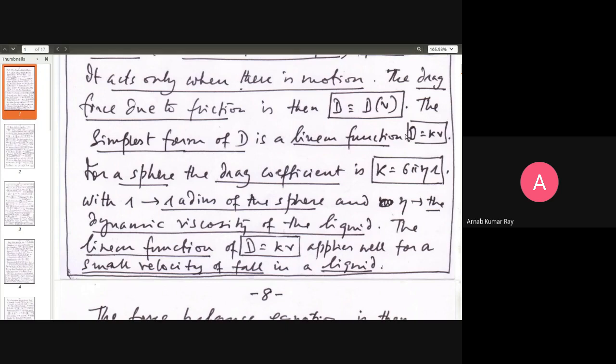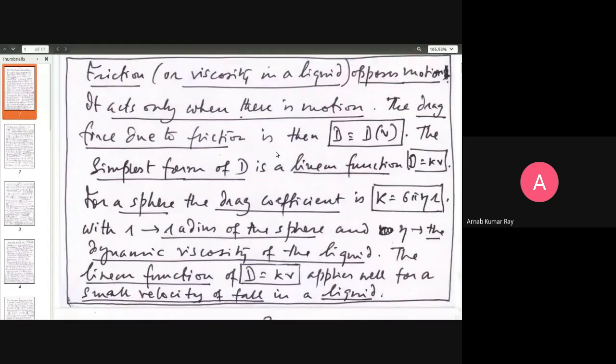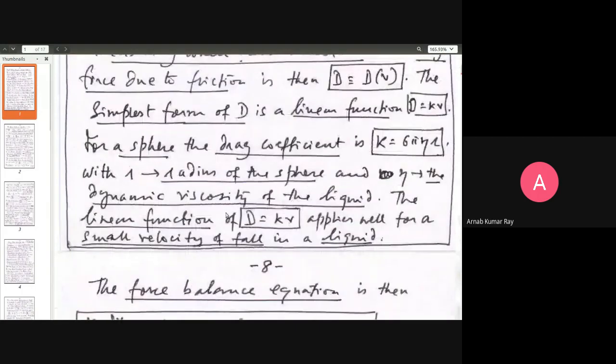But for a sphere, there is a proper theoretical formula for the drag coefficient. It is 6 pi eta r, eta being the viscosity of the liquid and r being the radius of the sphere.